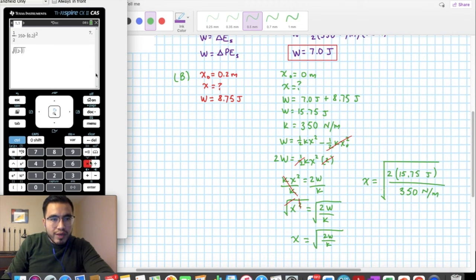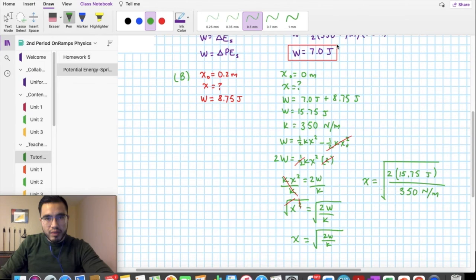So 2 times 15.75 divided by 350. That's for the spring constant. And we have 0.3. That's x final. X final equals 0.3 meters.